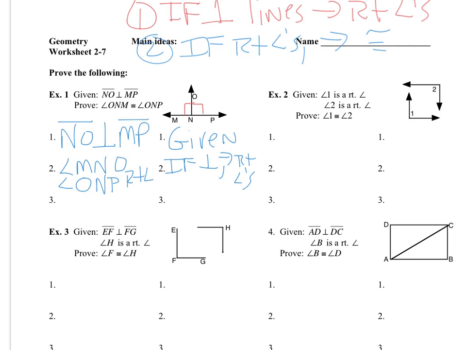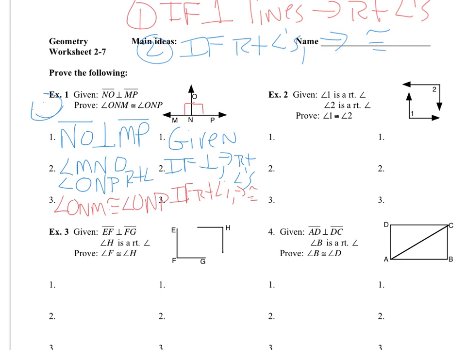And our proof is going to be angle ONM is congruent to angle ONP. Reason: if right angles, then congruent. And that's the first proof for today. So we'll make a smiley face and we'll be done with that one.